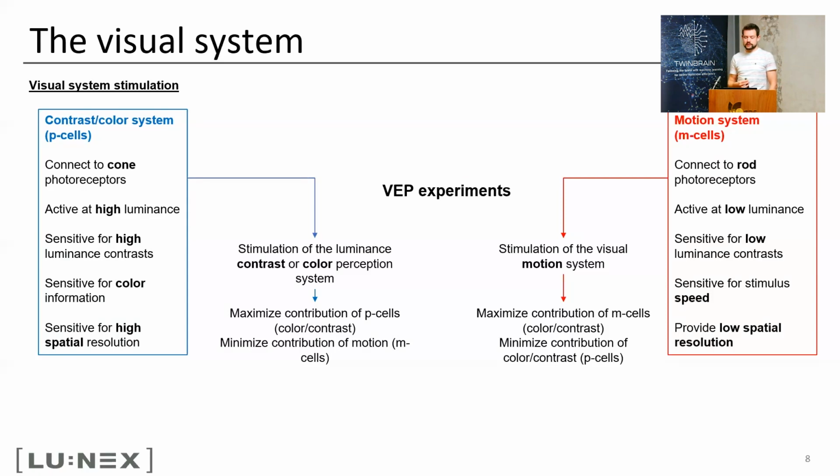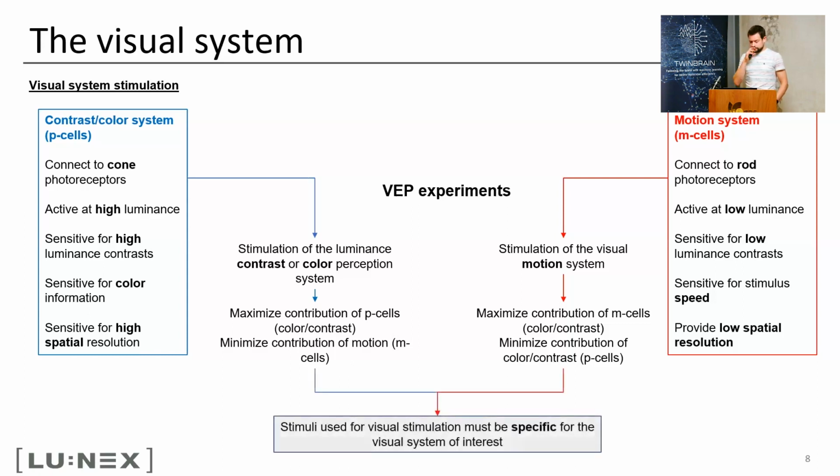When we are investigating motion, we have to ensure that the contribution of the contrast and color system is minimized. Best case, there is no contribution. Of course, there is always some kind of overlap. It does not work perfectly. Nonetheless, we have to maximize the contribution of the system that we want to investigate and minimize the contribution of the other one. That is the ultimate objective. And this is how we design the stimuli to investigate the visual system of interest, either the P cell system or the M cell system.